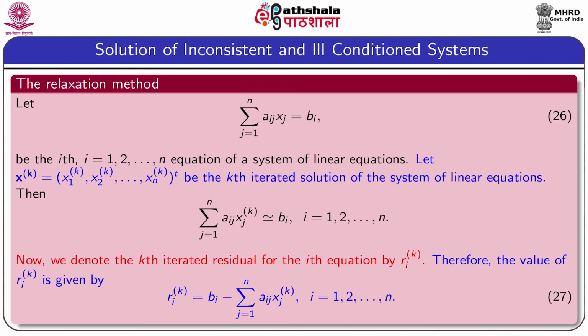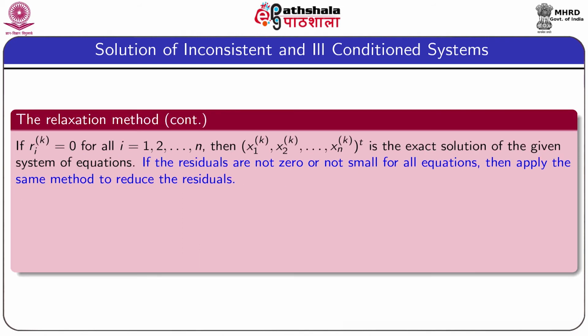That means this is the difference between the right hand side and left hand side of an equation. If rik equal to 0 for all i equal to 1 to n, that means if the residuals are 0 for all equations, then x1k, x2k up to xnk transpose is the exact solution of the given system of equations.